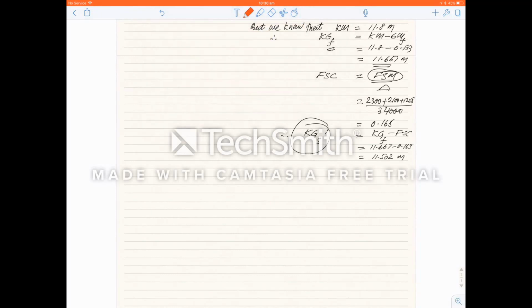So this is the first stage of the calculation, stage 1. One of the calculations is to get the solid KG at the time of inclination.